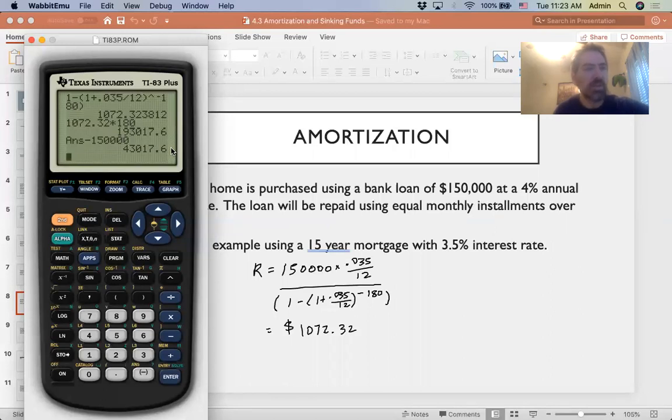So when you consider buying a house a few years down the road, remember to try to stretch your budget a little bit and take out a 15-year mortgage. You'll pay a little bit more per month, but you get paid off twice as fast, and you save a lot of money there.